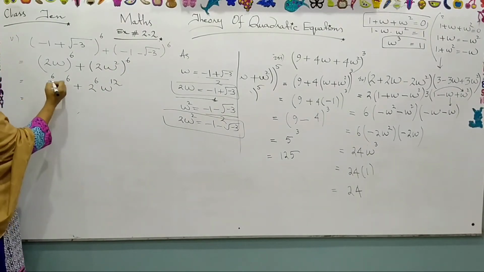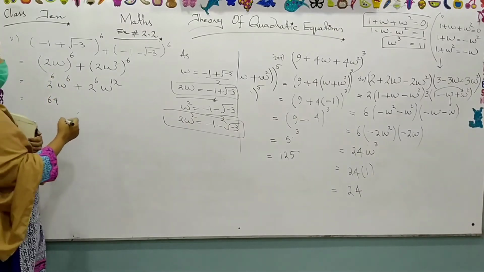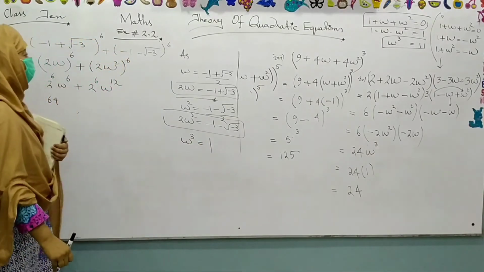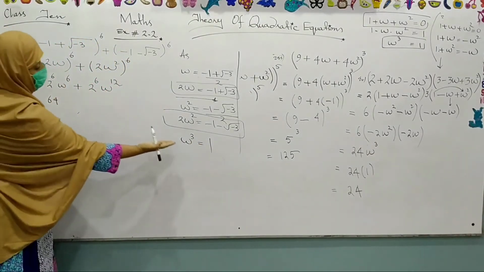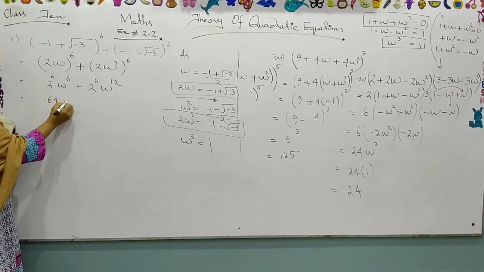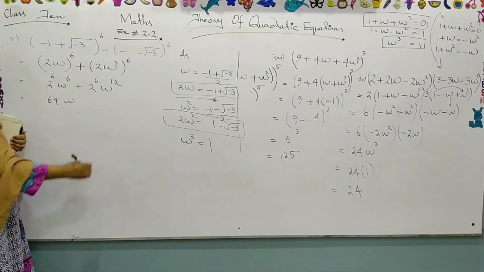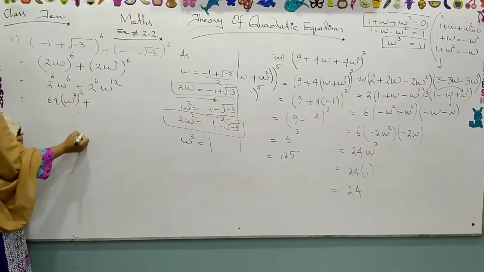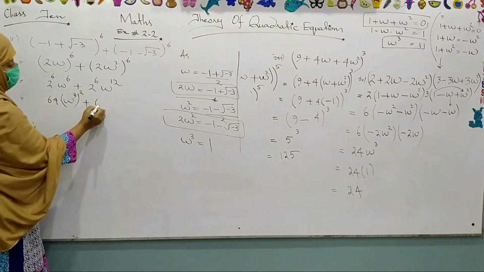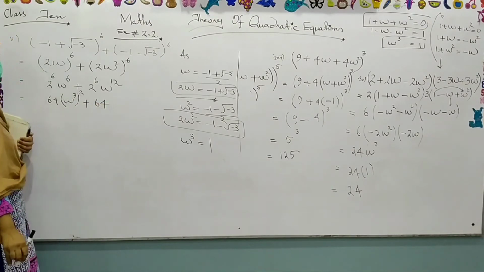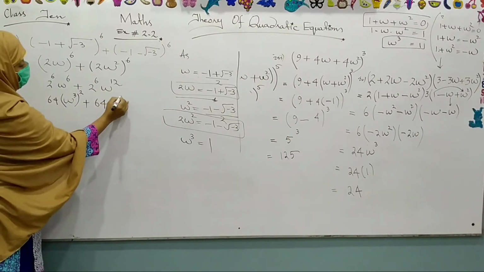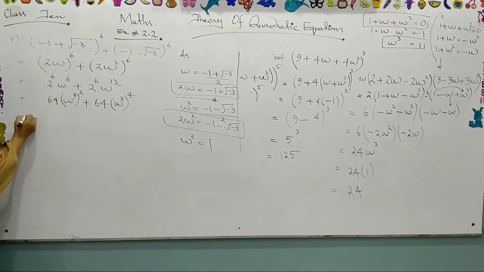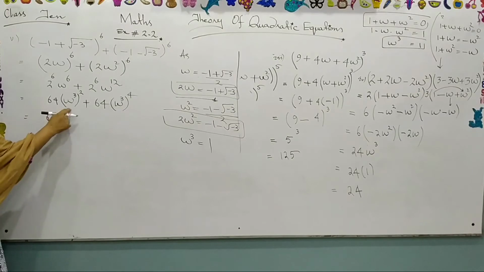64. And omega 6. Students, as I know, omega cube is equal to 1. So I will make them in the form of omega cube. How I can write omega 6? I can write omega cube whole square, 64. And omega 12 I can write omega cube whole raised to power 4. Now you know what is omega cube?